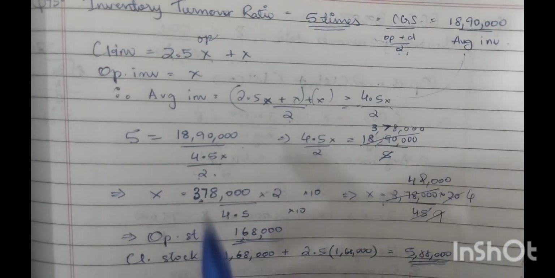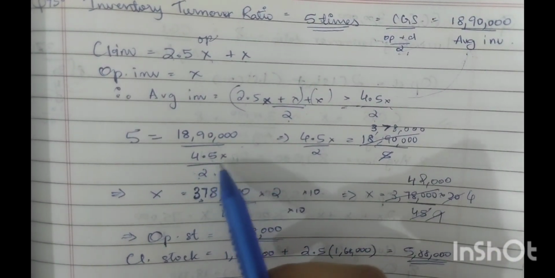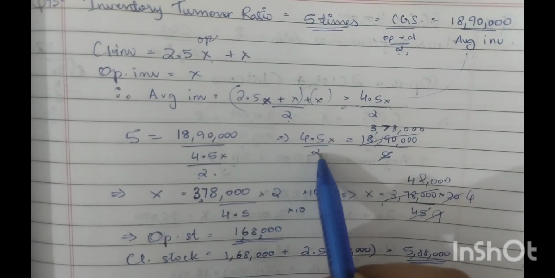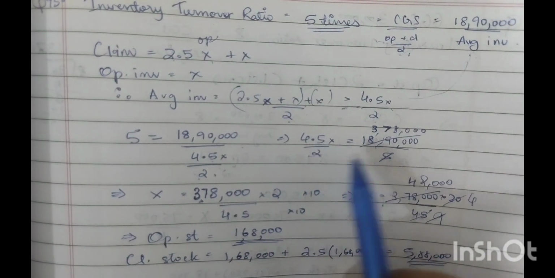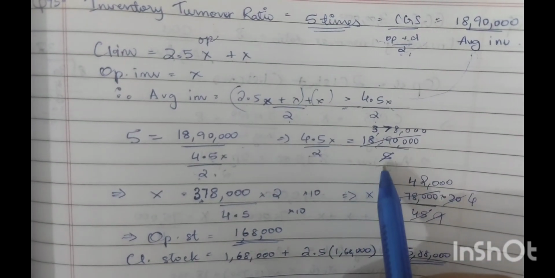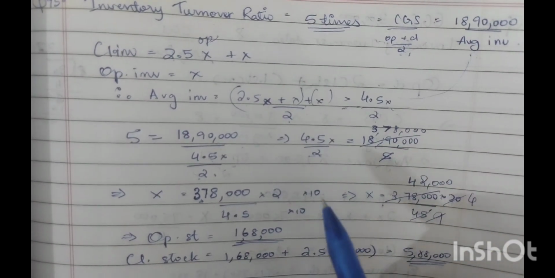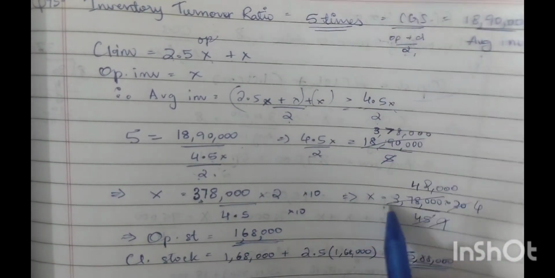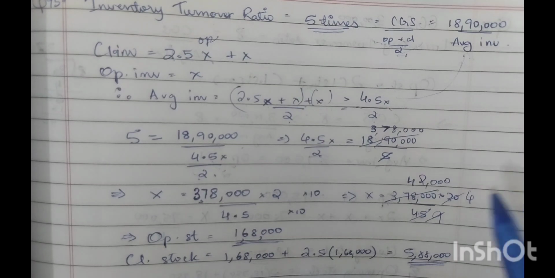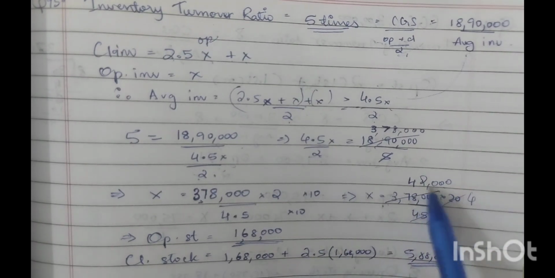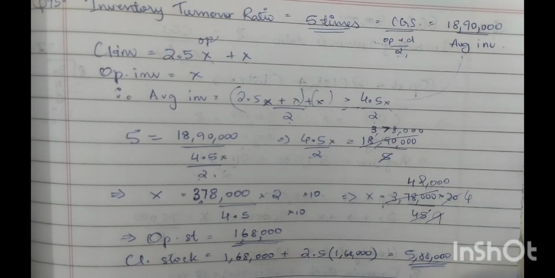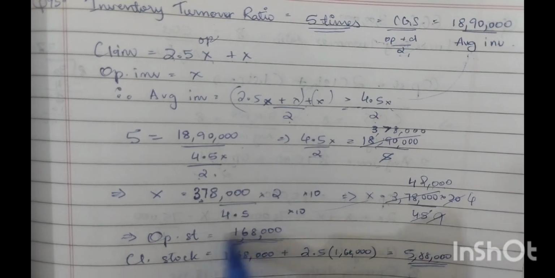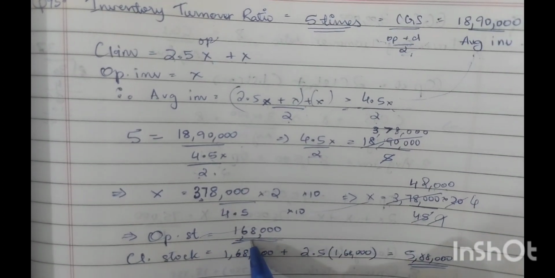Cross multiplying, 4.5x by 2 is equal to 18,90,000 by 5, which is equal to 3,78,000. Upon solving this, we get that x, or our opening stock, is equal to 1,68,000.